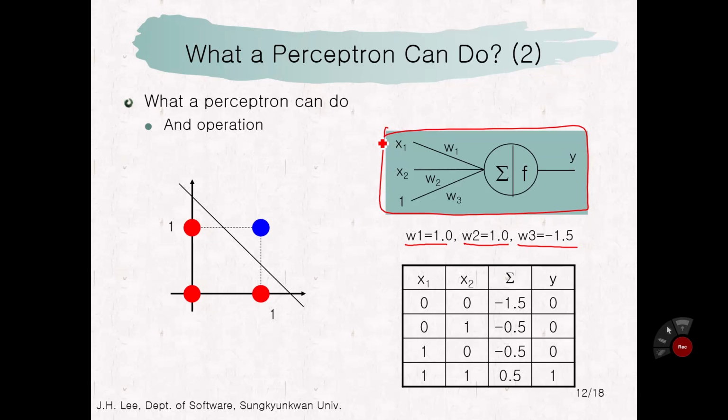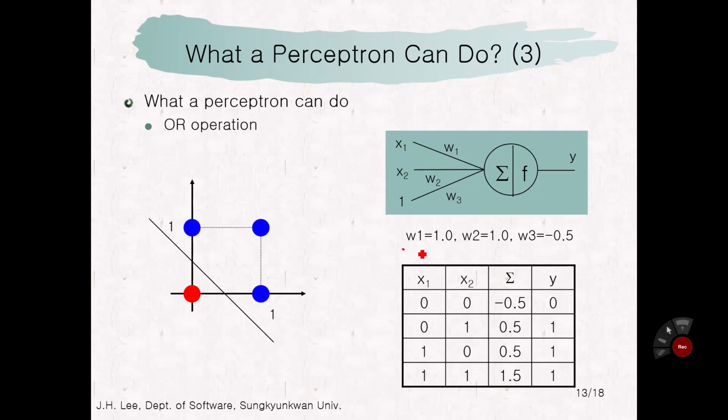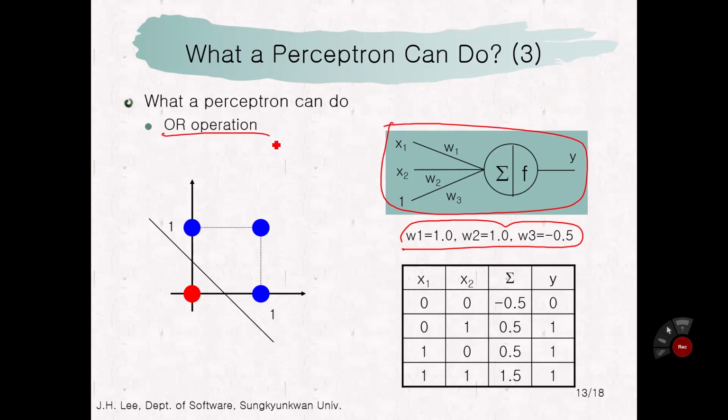I told you last time. And also, if you change the connection weights like this, then this perceptron will perform the OR operation, right?